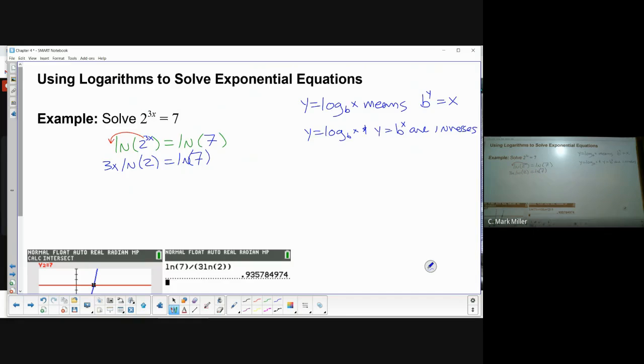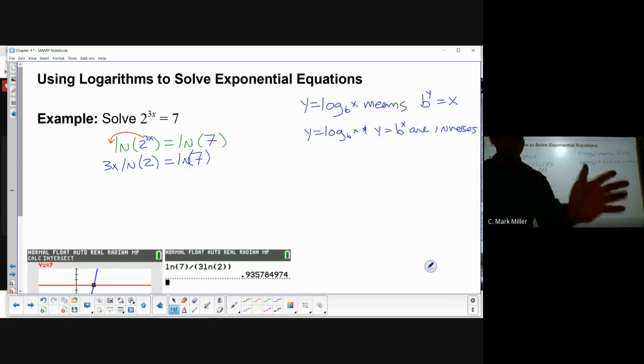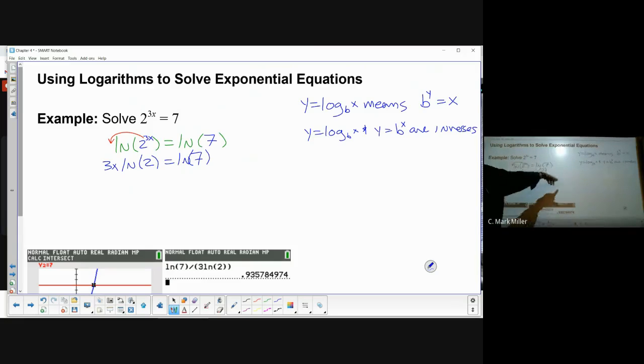Why do you use natural logarithm, not logarithm? That's a good question. He's saying, why are we using natural log and not log base 2 or log base 7? You could. I wouldn't take anything off if you did. Let me finish it this way, and we'll do it that way, and you'll see.